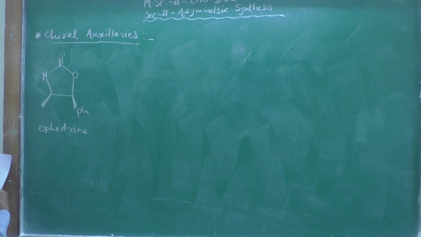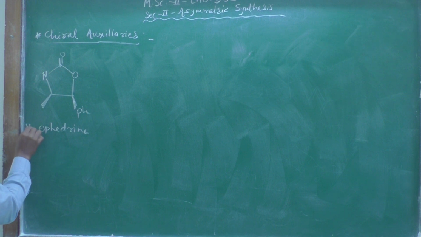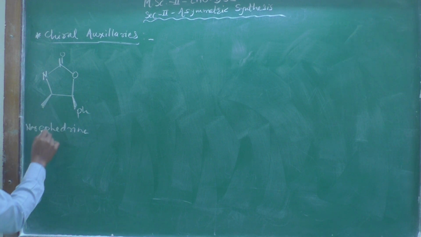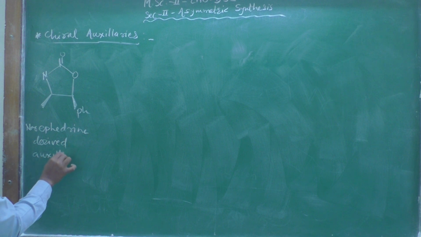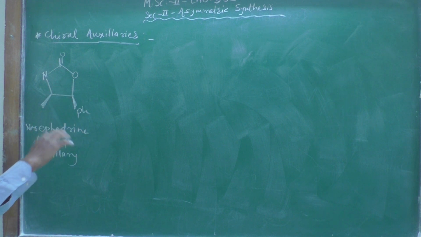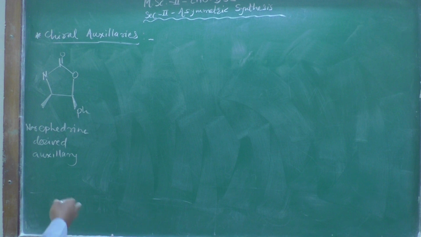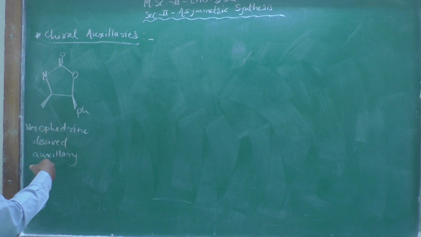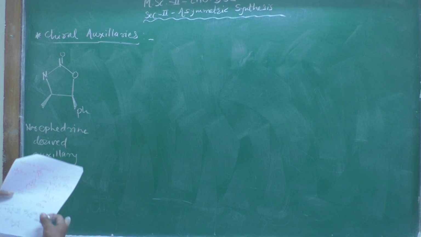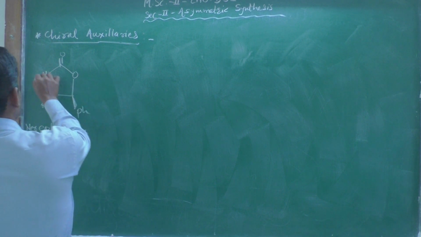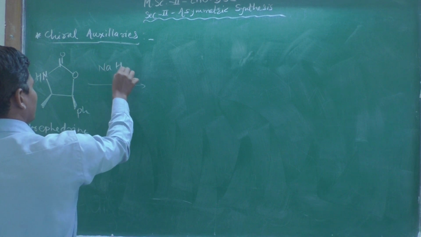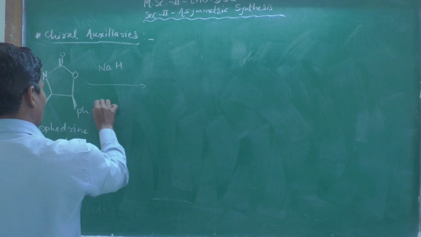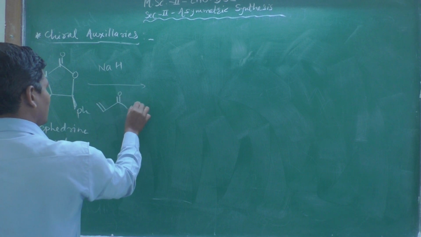This chiral auxiliary is obtained from a norepinephrine-derived auxiliary, which we prepared synthetically in the laboratory. Now there is a hydrogen here. When we use sodium hydride as base with acrylyl chloride, what happens?